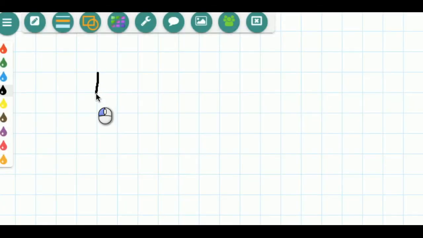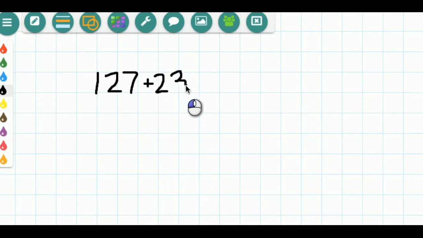Now let's take a look at when the numbers are in the hundreds. So let's take, for example, 127 plus 234. So again, we're going to break this into place value.